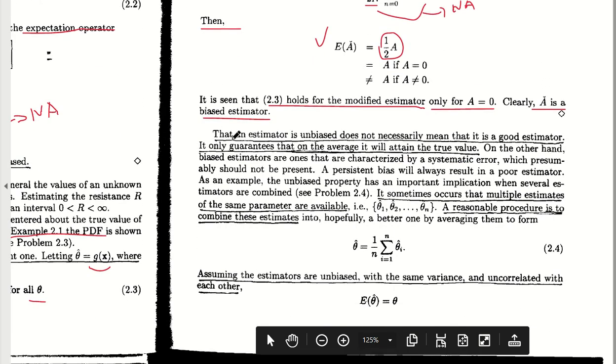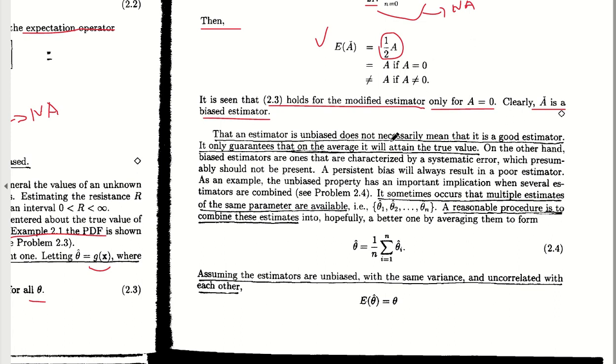Okay, so an estimator being unbiased does not necessarily mean that it is a good estimator. It only guarantees that on average it will attain the true value. On the other hand, biased estimators are characterized by a systematic error, which presumably should not be present.